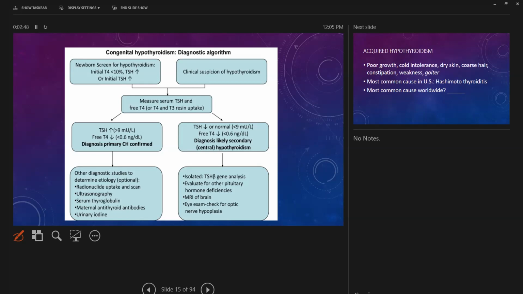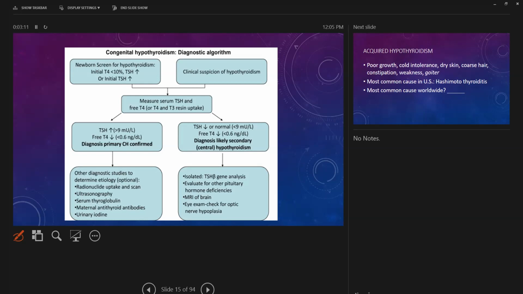So these are just ways to try and figure out which type we're dealing with. Are we dealing with primary or central? The difference being that it is either the lack of brain response to negative feedback or positive feedback, and or it is due to a glandular deficiency.